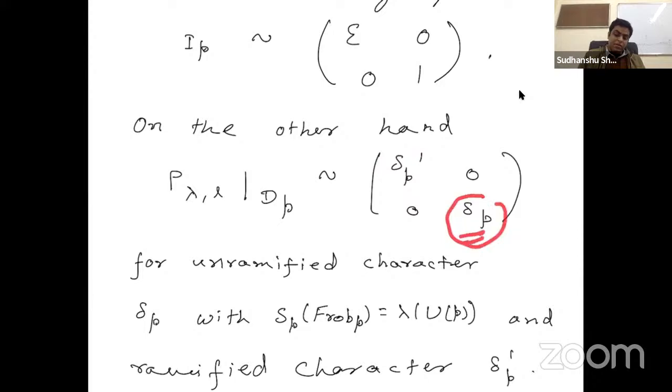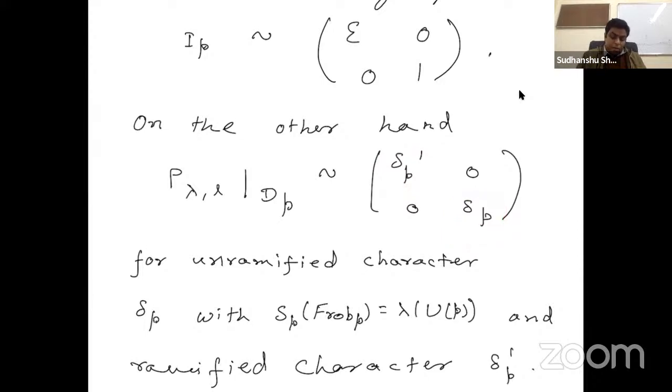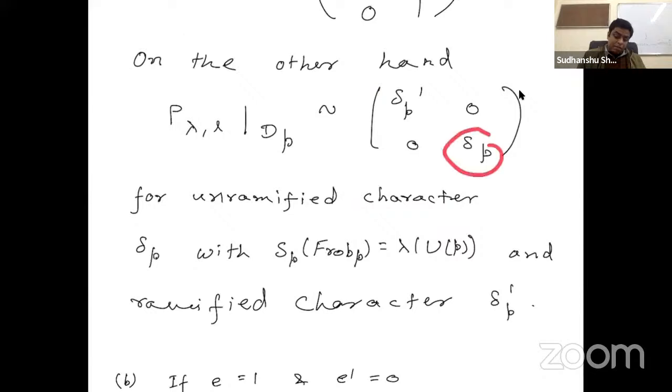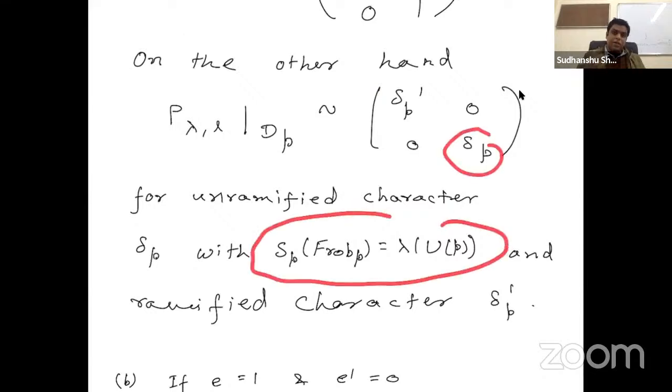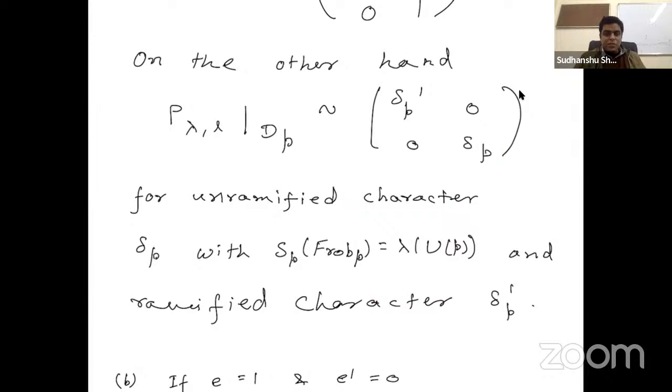This one is unramified, and this one is ramified. For the unramified character, whenever you have a character or representation which is unramified, it becomes a representation of G_p modulo I_p, which is generated by Frobenius. So I can evaluate it on Frobenius. This is how it is described.